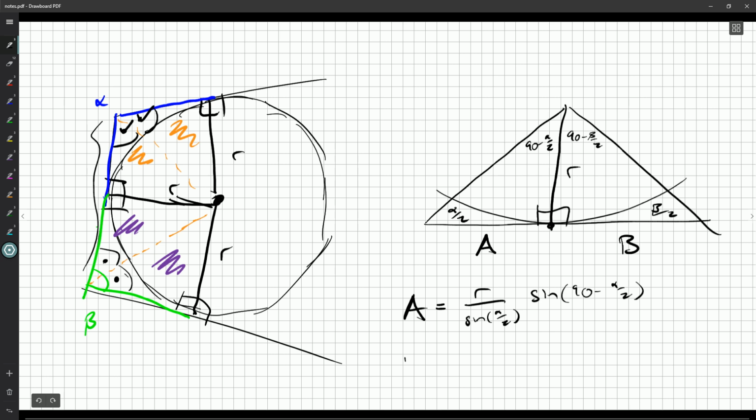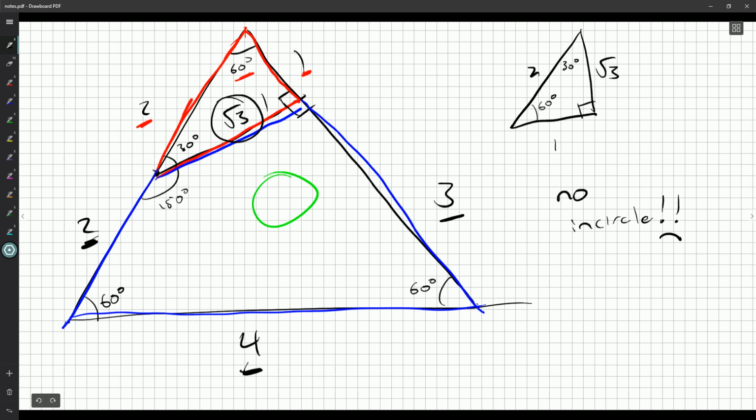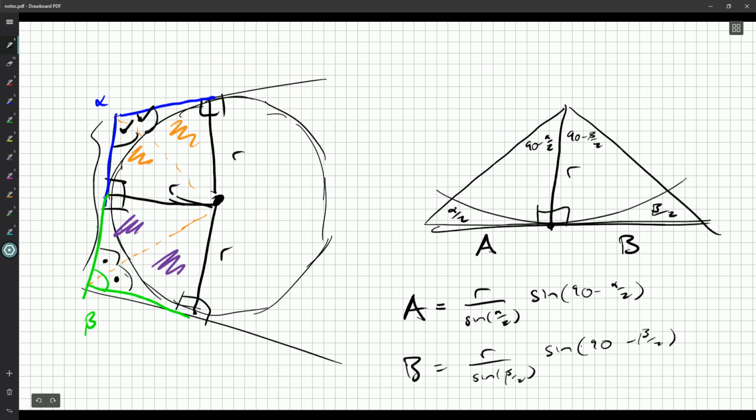Okay, and then B would have to be the same thing, but with beta. So now, in terms of the angles, I can relate the radius to this whole side, which is great because I know the sides of my quadrilateral QRST that we're trying to work with.